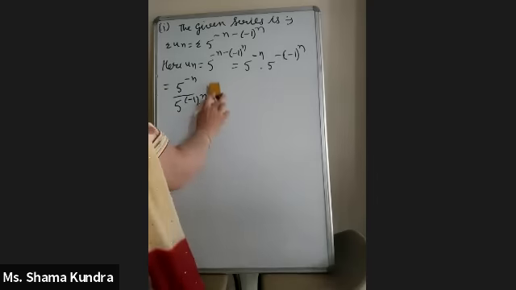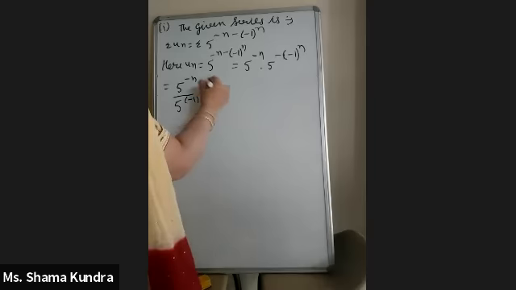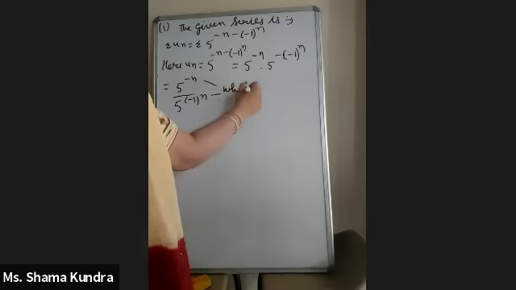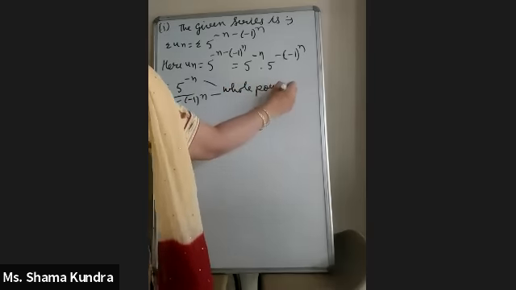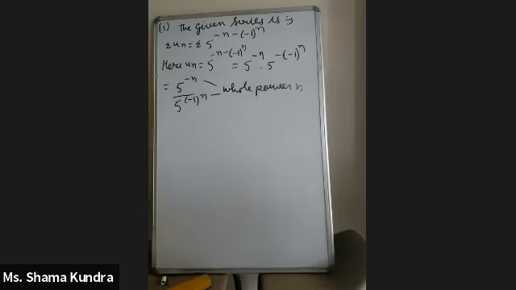Or you can say it is whole power n. Take nth root. The power will cancel out with the nth power. It is power 1 by n.